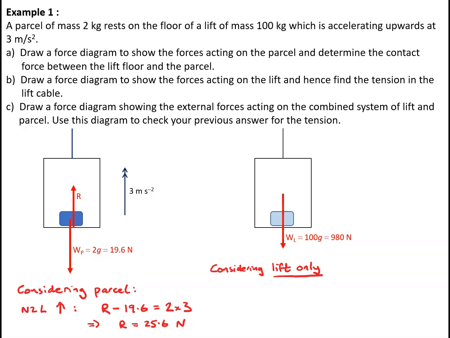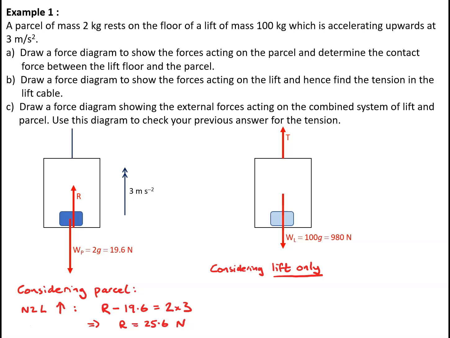There'll be the tension in the lift cable, but there will also be, since we are considering the lift only and not the lift and parcel together, the force of the parcel acting down on the lift, which will be equal and opposite, by Newton's third law, to the contact force of the lift on the parcel.